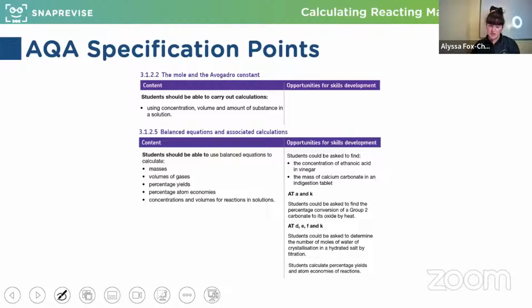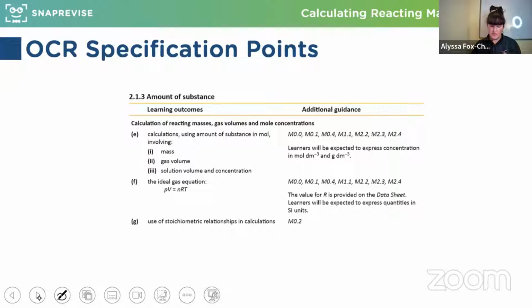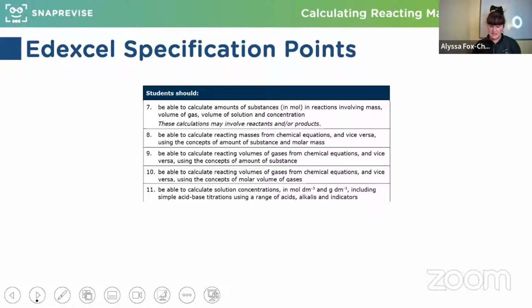So these are the spec points if you are an AQA student. These are the spec points if you are OCR. Just bear in mind, we're not actually going to look at the ideal gas law today. And this is it if you are Edexcel. Again, we're not going to be looking specifically at gases in this session.